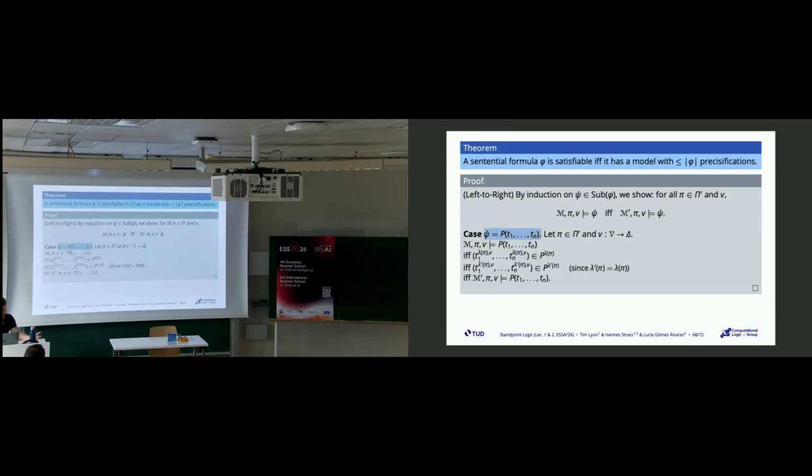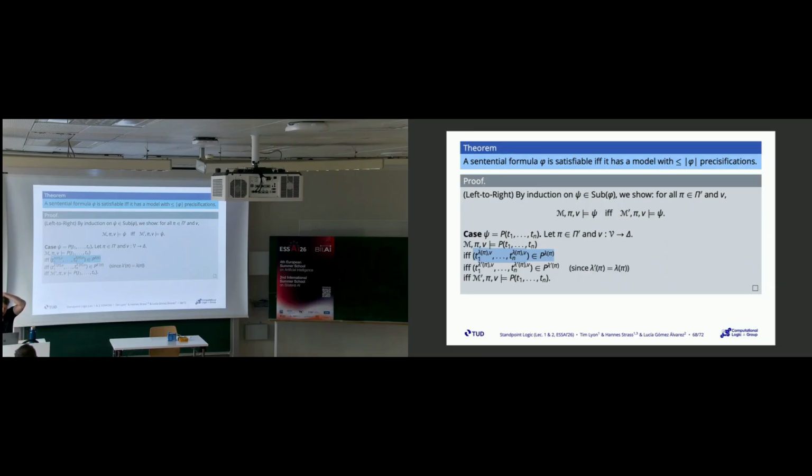psi would just be an atomic formula, and in this case, we would have, if we let pi be a precisification in the new model or structure, and v being a variable assignment, if we have that this atomic formula holds relative to M, pi, and v, then by the semantics, this means that the interpretation of all of these terms stands in relation p.